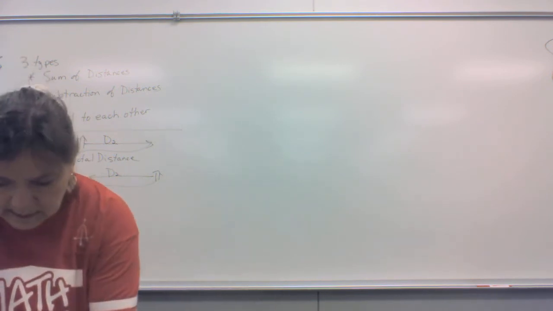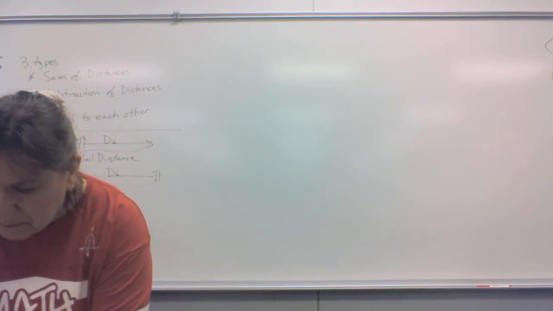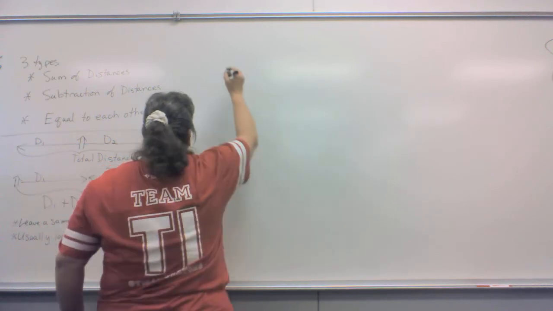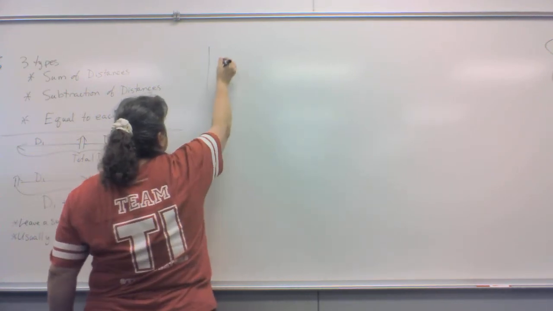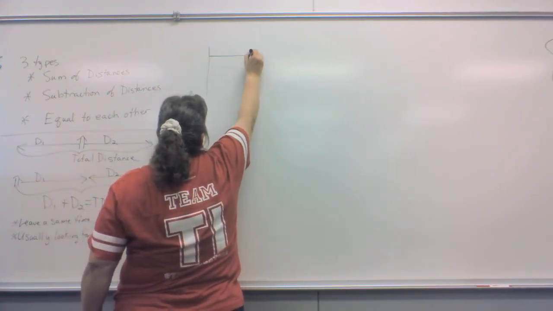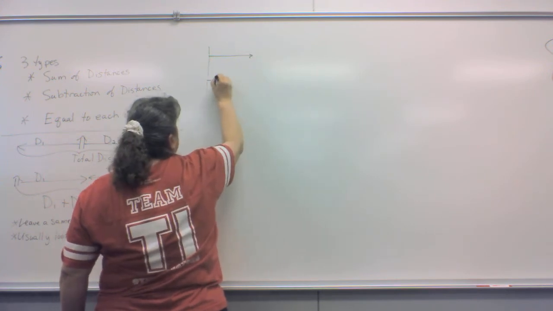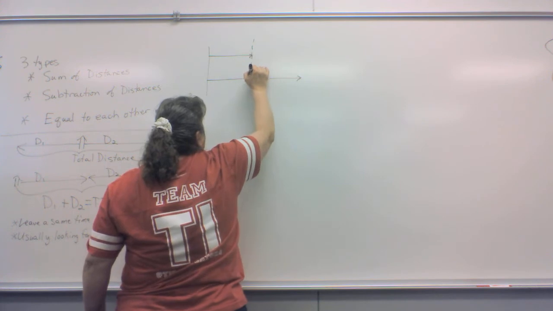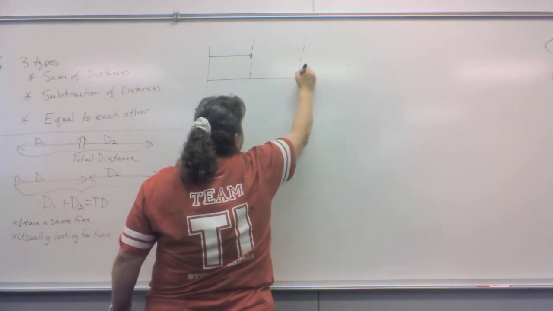Okay, so let's look at type 2. Type 2 has them leaving from the same place, one going one speed, the other going a faster speed. So you're looking at the distance in between the two.